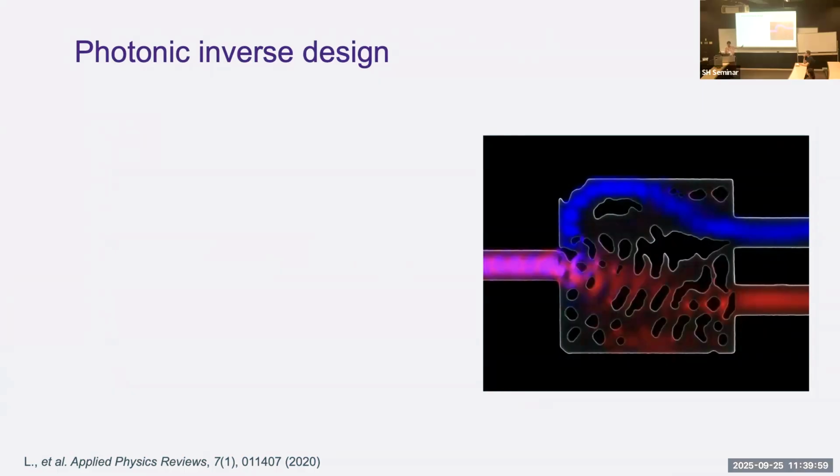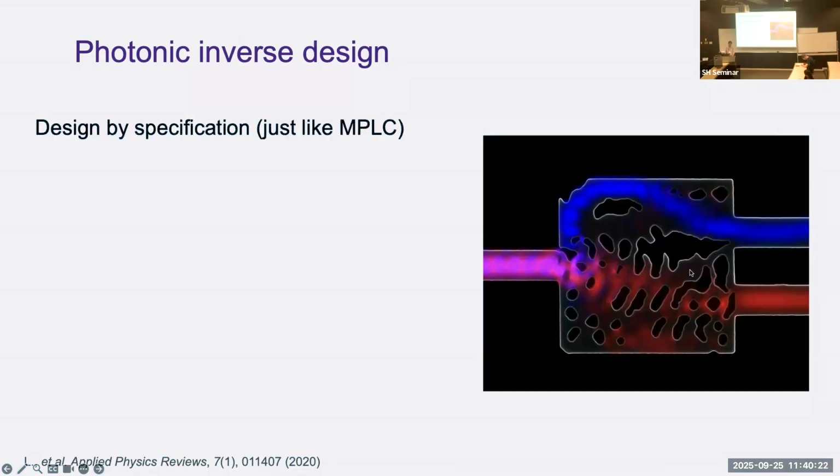This device, for example, would sort two different wavelengths into these ports. I cannot design a device that looks like this from first principles. I wouldn't be able to tell you why I have a spade-looking thing here. It looks wild.